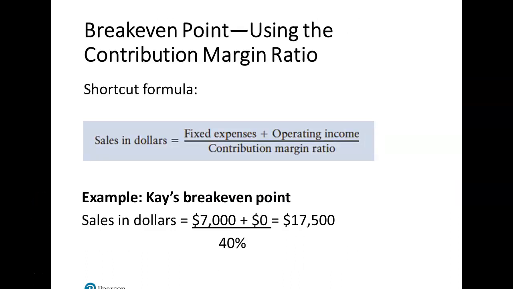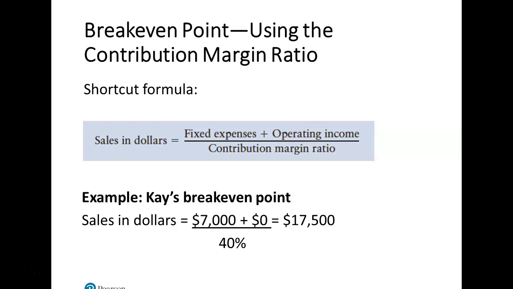Now, if we want to know our sales in dollars, we know 500 units, but how many in dollars? If we want to know our break-even in dollars, again, it's going to be fixed expenses plus zero. Remember, zero is the key here because we don't want a profit, we don't want a loss. So 7,000 plus zero, or fixed expenses plus zero, divided by our contribution margin ratio.